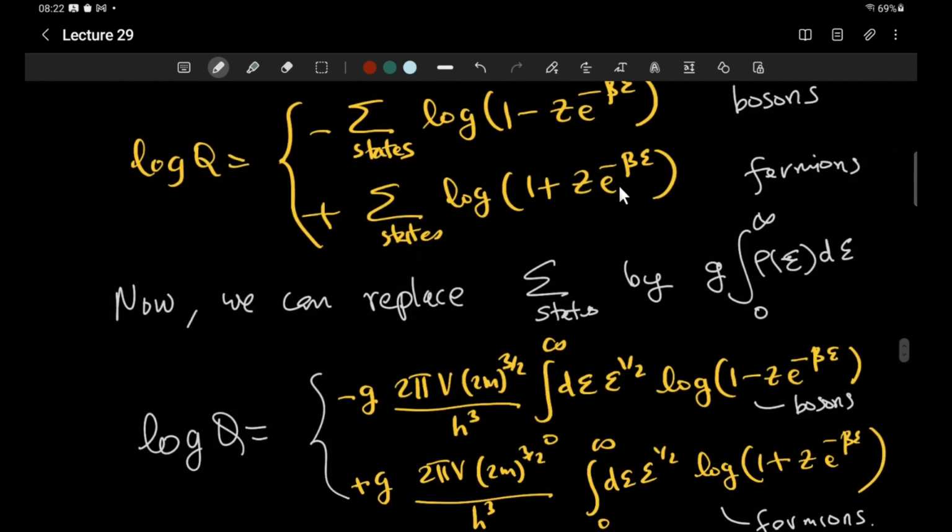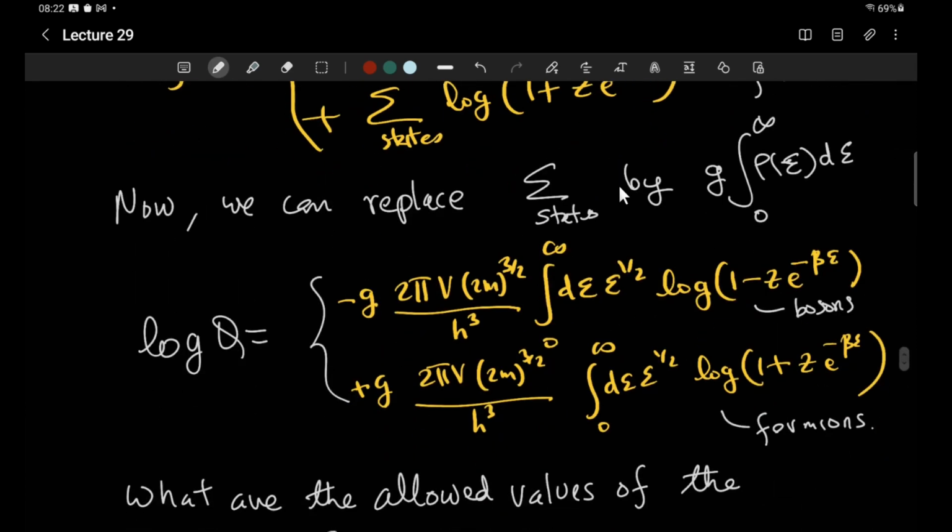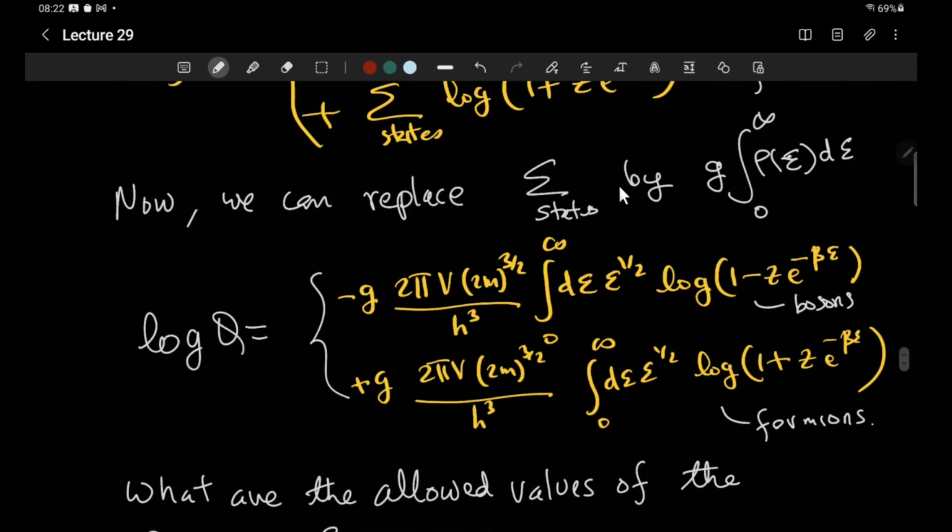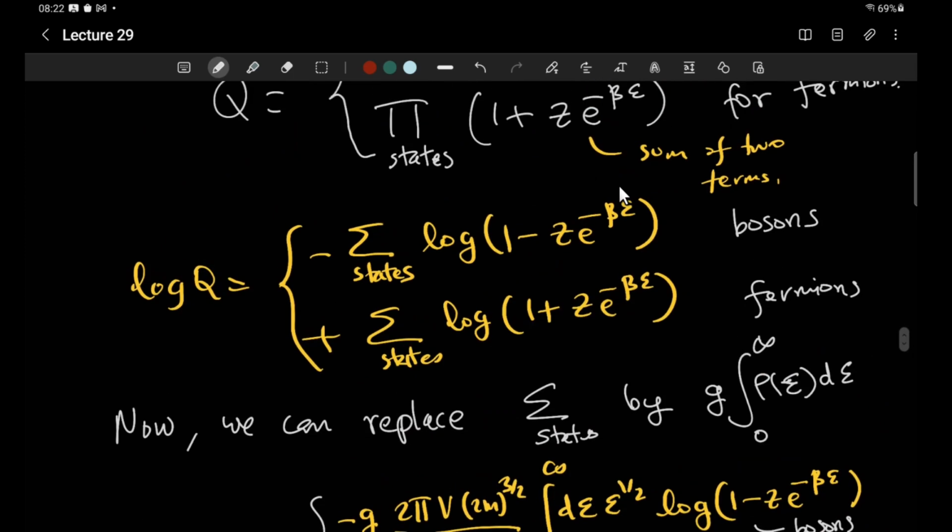We need to refine this log Q, where we wrote this integral by itself. The integral doesn't have a problem, but there is a divergence, and we need to keep track of that. So we need to handle it.